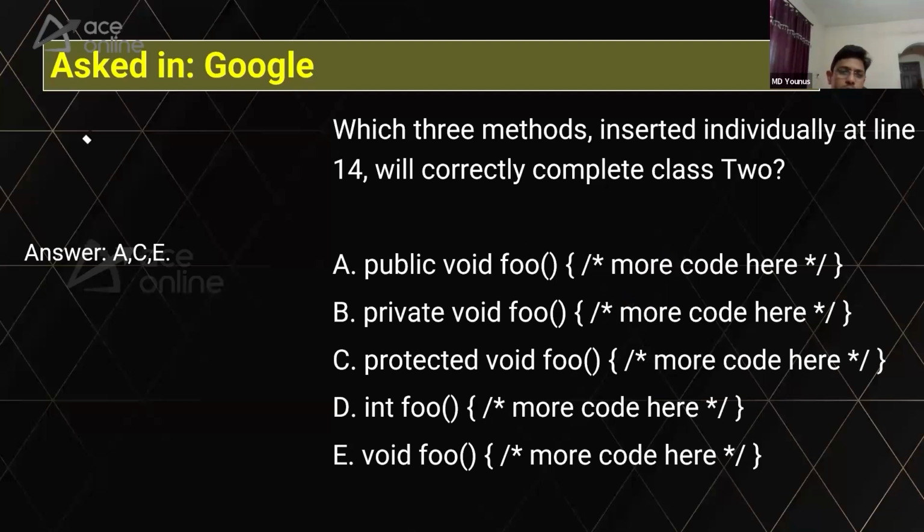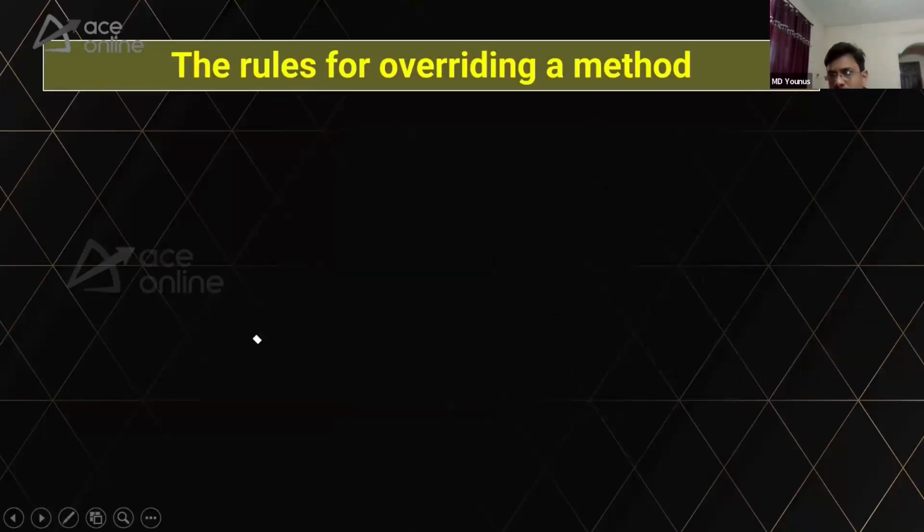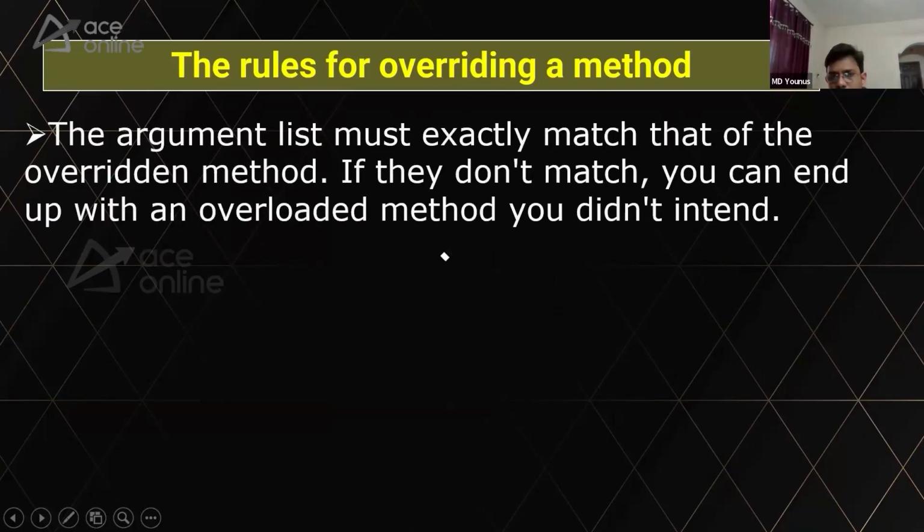Now we'll go through the rules for method overriding, one by one, with practical implementation. The first rule is that the argument list must exactly match that of the overridden method. If they don't match, you will end up with method overloading, which you don't want.